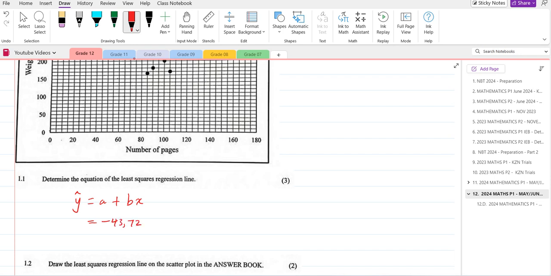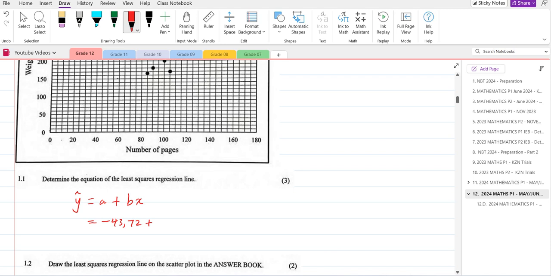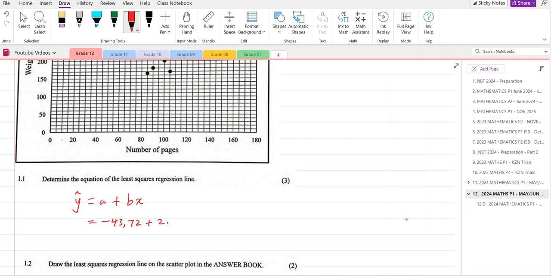And the value of b: it's an upward sloping line, so put a plus there. Shift 1, go to regression, option number 5, press option number 2, and you get the value of b, which is 2,36, so 2,36x. I use 2 decimal places, and that's your answer.